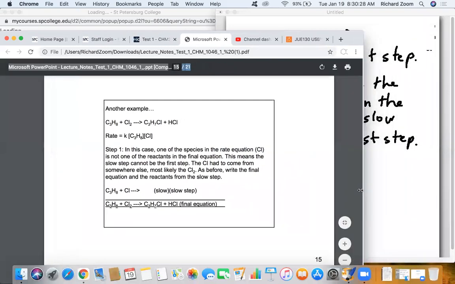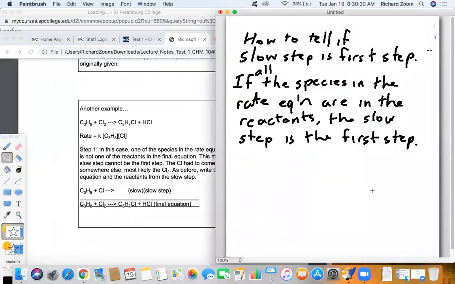All right, let's look at what I've got here on the page, how to tell if the slow step is the first step. So if all the species in the rate equation, remember this is the rate equation I'm pointing to here that starts with the word rate, are in the reactants, the slow step is the first step. So I'm looking at the rate equation.